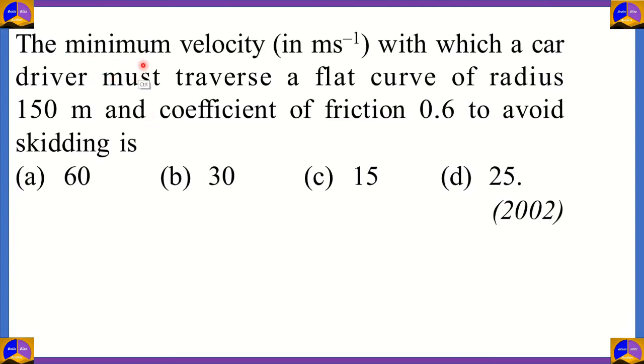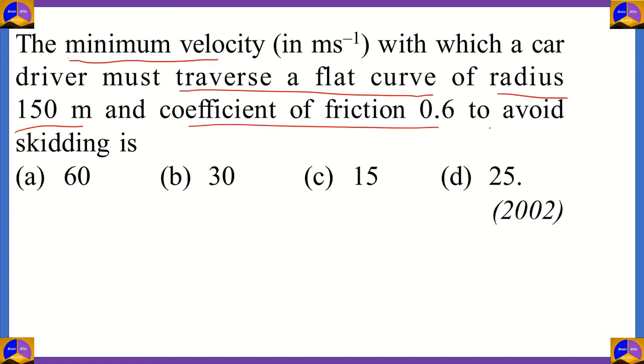The minimum velocity in meters per second with which a car driver must traverse a flat curve of radius 150 meters and coefficient of friction 0.6 to avoid skidding is: 60 meters per second, 30 meters per second, 15 meters per second, 25 meters per second.